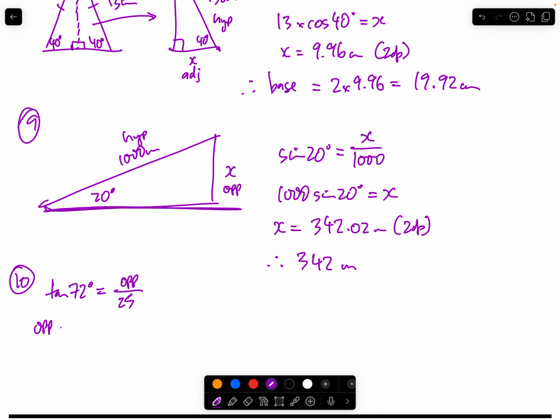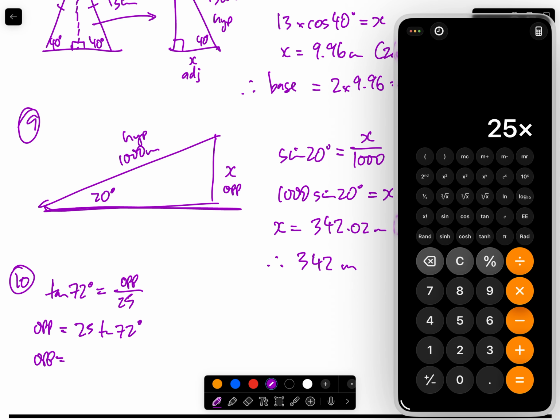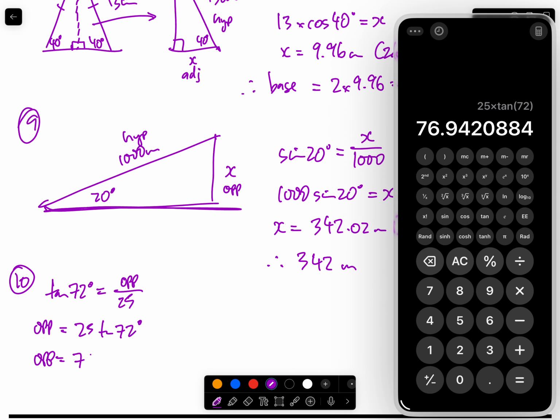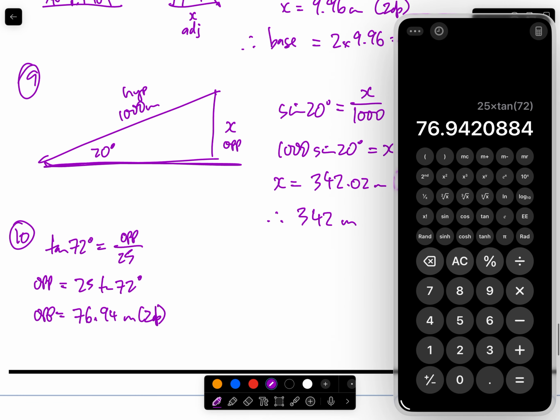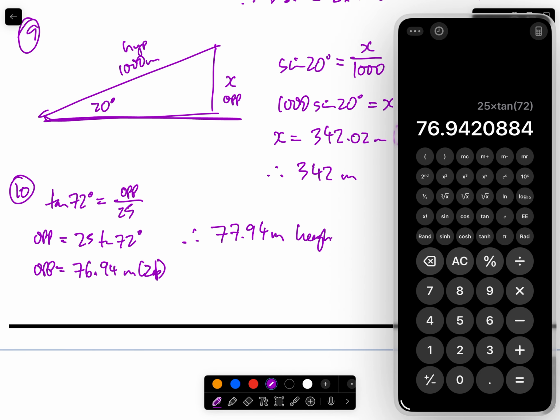So opposite equals 25 tan 72. Opposite is going to be 25 times tan 72, 76.94 meters to 2 decimal points, but that was at 1 meter above the ground, so therefore 77.94 meters height of the building.